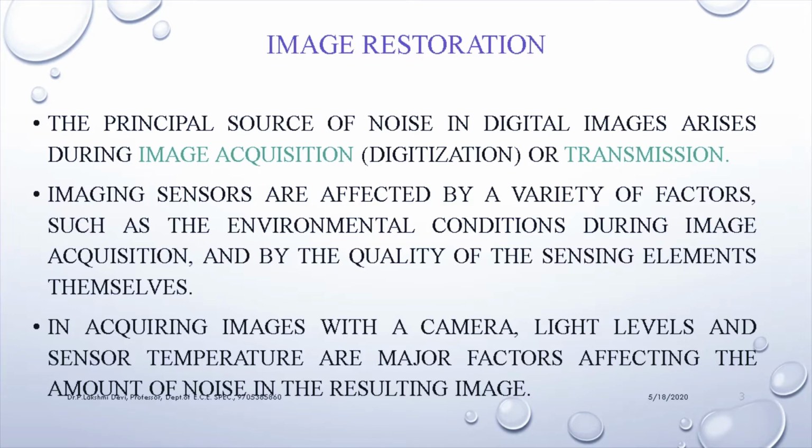In acquiring images with a camera, light levels and sensor temperatures are major factors to be considered by a photographer. These also affect the amount of noise at the time of capturing, leading to additive noise in the images. Sensor problems, sensing temperature problems or camera lens adjustment problems all lead to some sort of noise being added to the images.